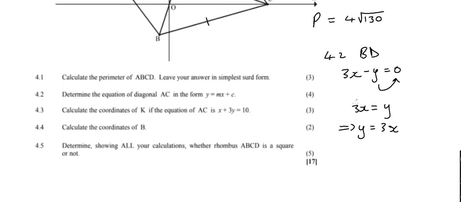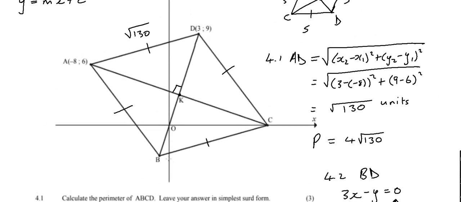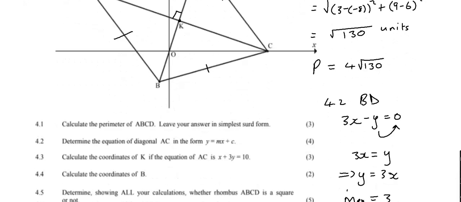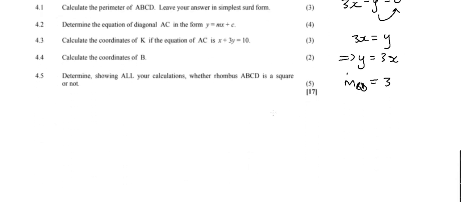So the gradient of BD is equal to 3. We have to say that BD is perpendicular to AC. The reason why is because these are diagonals of a rhombus.